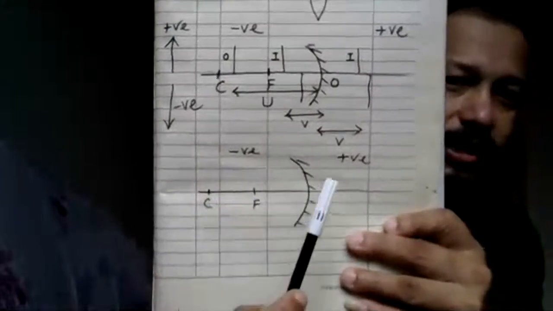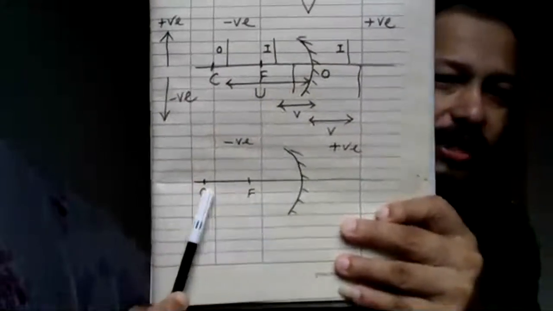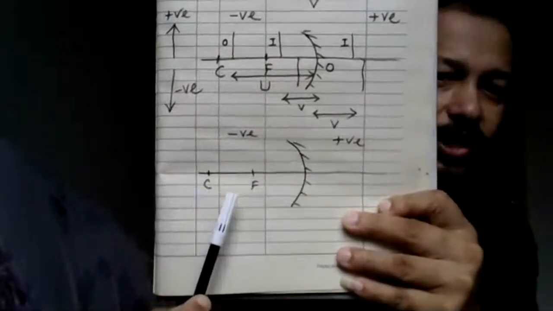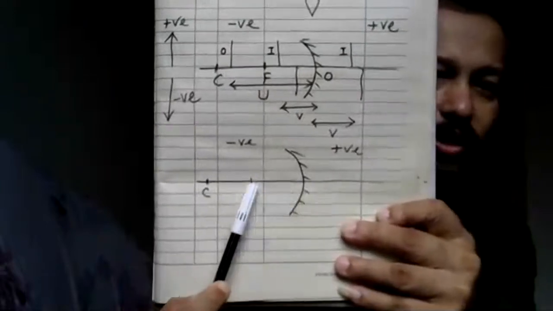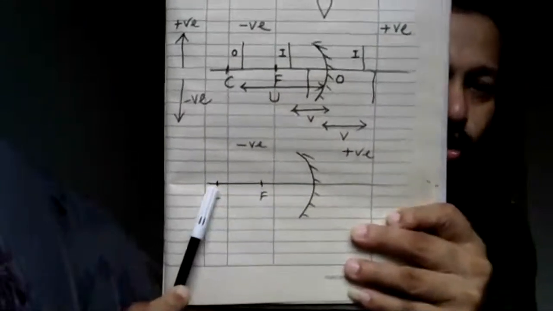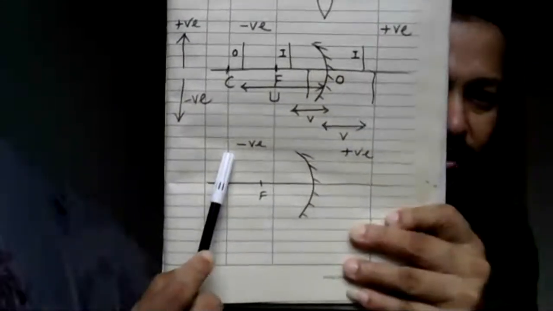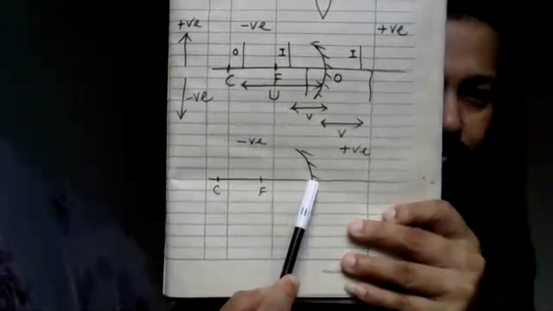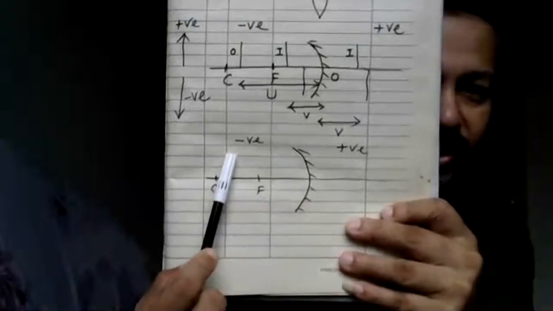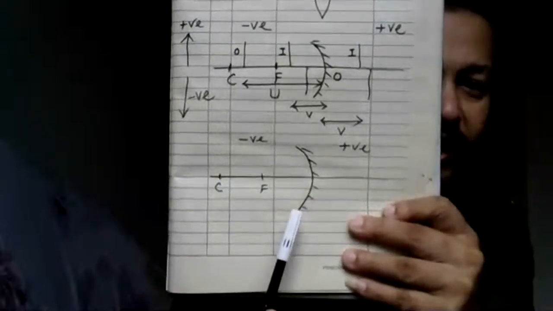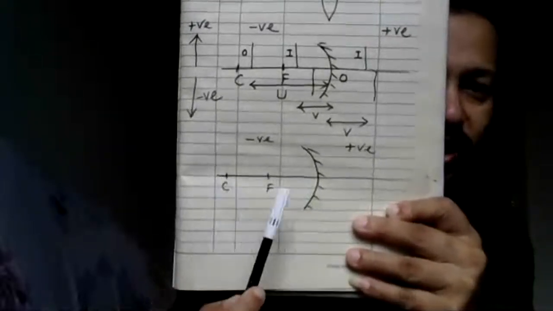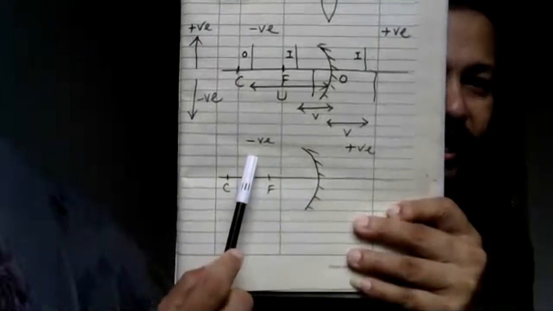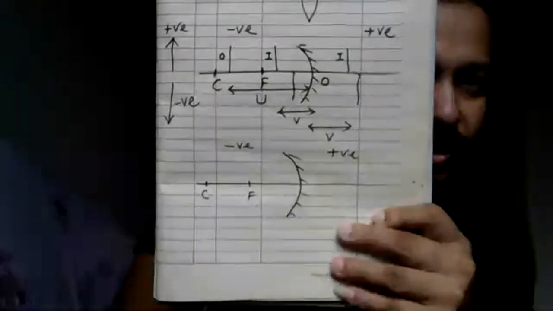This is the negative side, this is the positive side, and this is the center of curvature. This is the focus point. This is the radius of curvature, R, and it is on the negative side. This is the focal length, which is also on the negative side. That means for a concave mirror, radius of curvature and focal length both are negative. Understood this? Right.